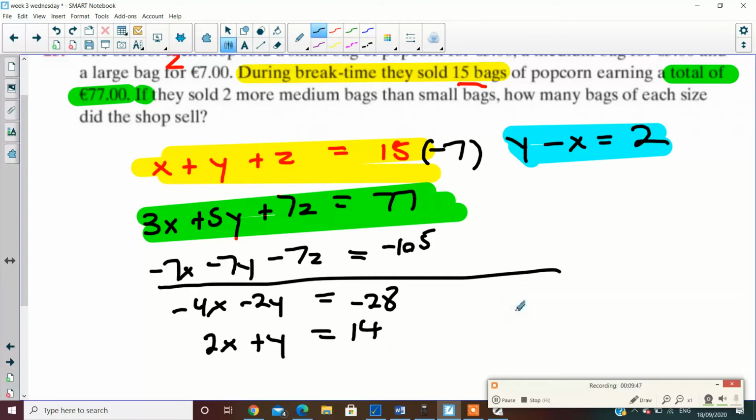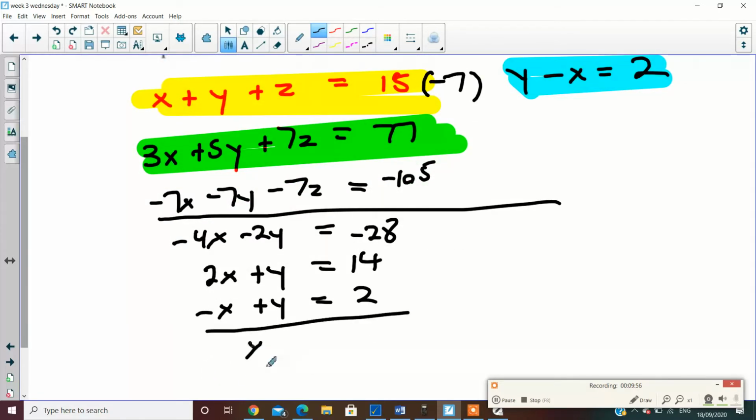We good? Now, I'm going to put this one underneath it, which is minus x plus y equals 2. And we get x equals 16. Is that all right?